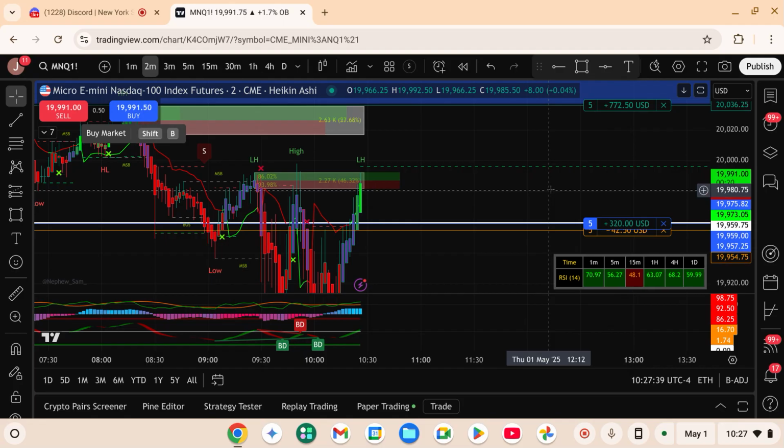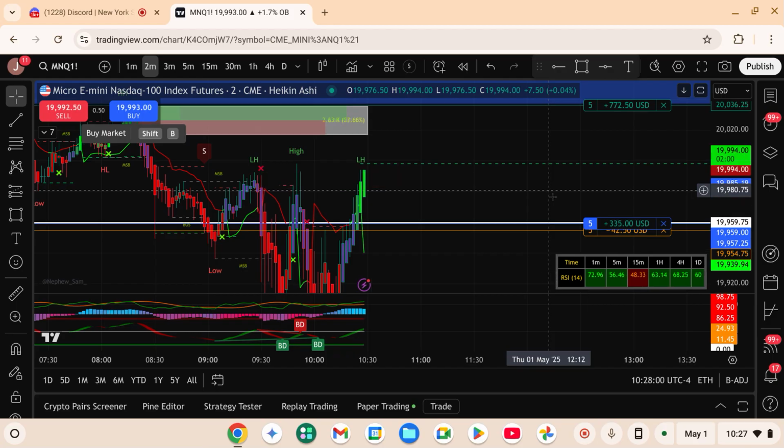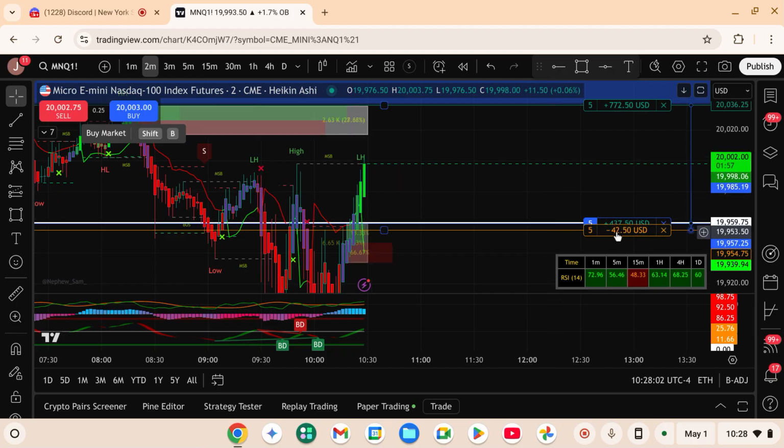And then we just want to get some extra. So after this close, we'll trail our stop. And then after every green candle that closes, we'll just put it beneath that green candle. But you got to be careful because sometimes they do pull back and just wick.